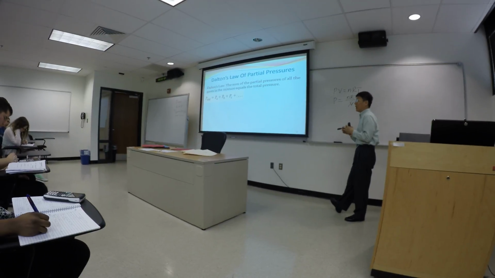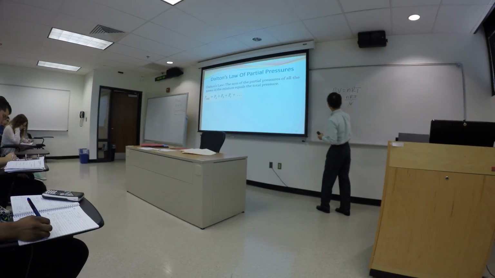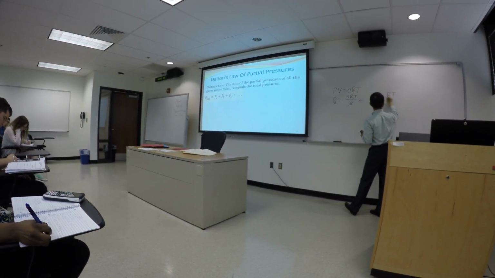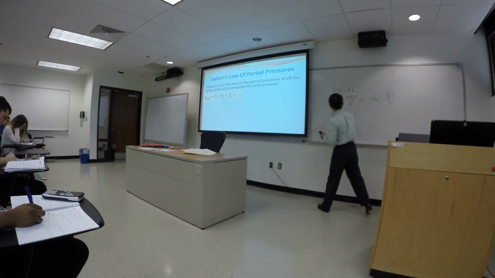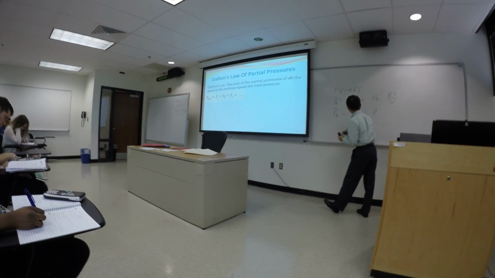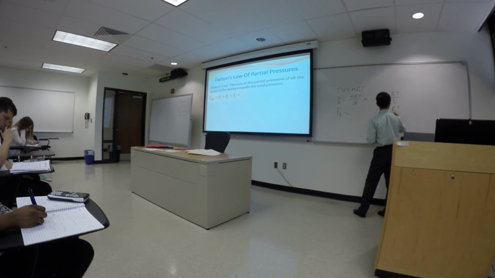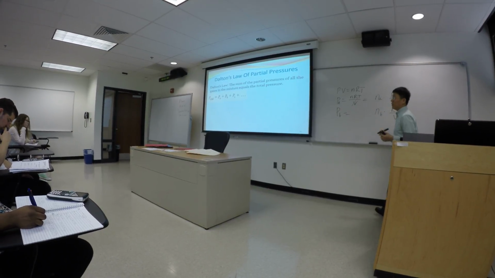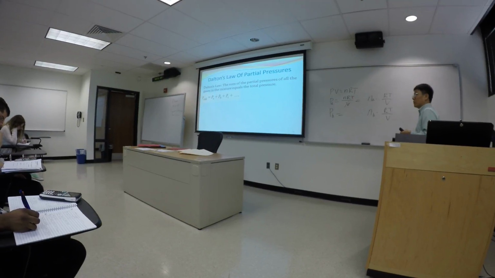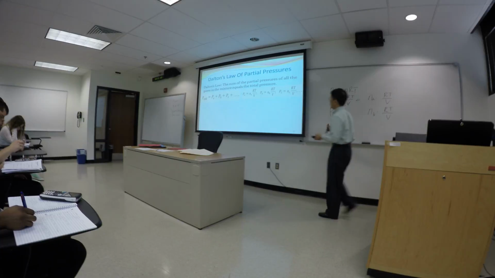Using the ideal gas law equation for each of the gases, PA would equal nA times RT over V. PB equals nB times RT over V. And PC equals nC times RT over V. And if you add them together, this is what you get.